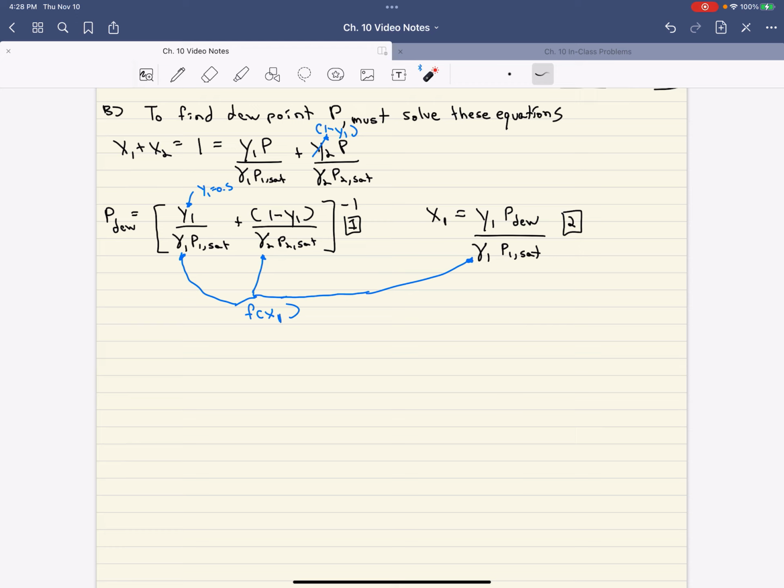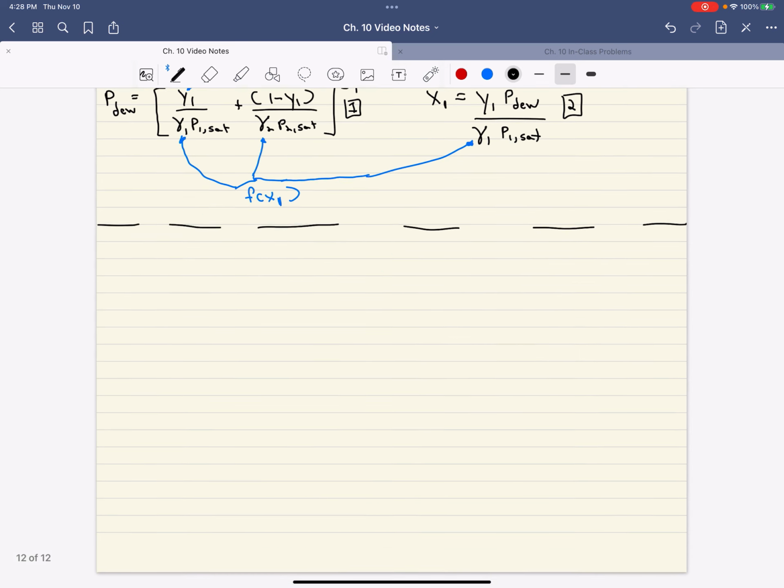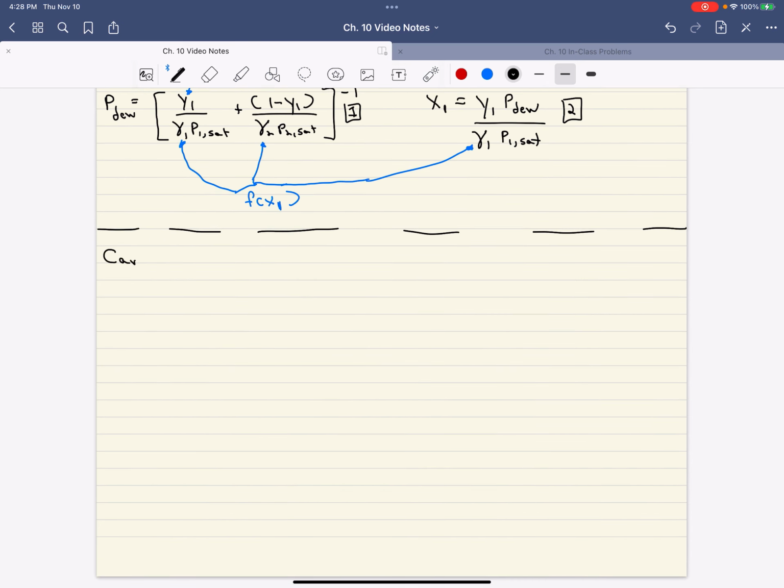And so you could do this calculation using MATLAB. But what I want to show you actually is an approach where you could do this sort of calculation by hand. Okay? And so this sort of ties back to the homework problem where you were looking at a mixture of water and ethanol, and you wanted to calculate the volume of the mixture, and you had to do it by an iterative sort of method.